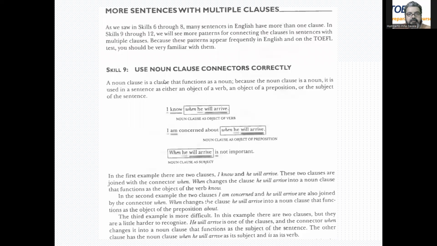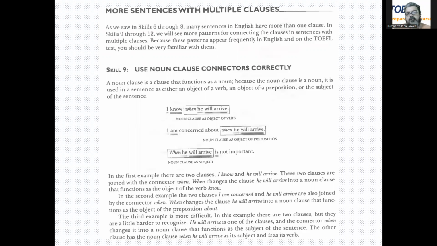Okay, so we're still working with the structure section of the TOEFL test, and we're going to start working with skill number 9. We started working with only one clause sentence, finding the verb, finding the subject.